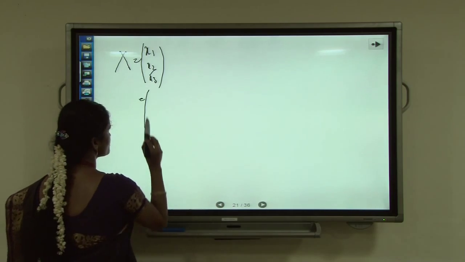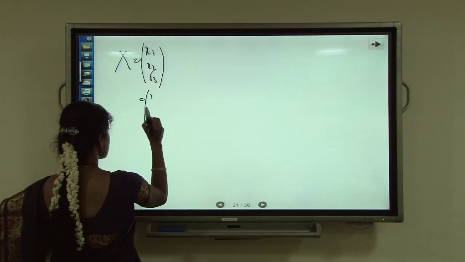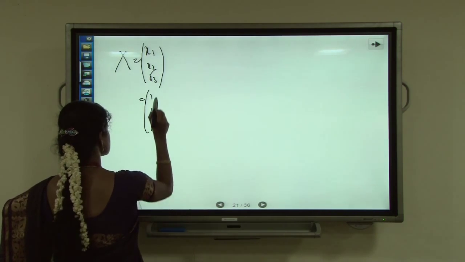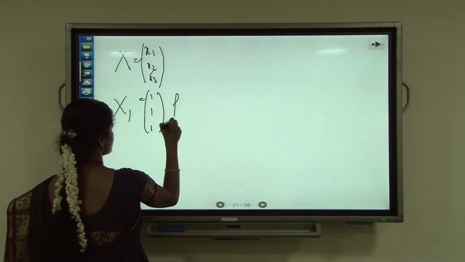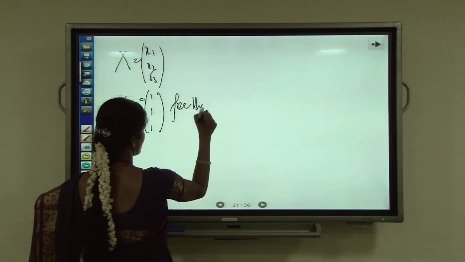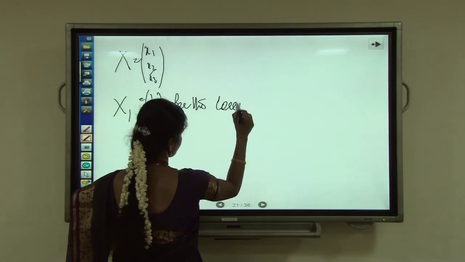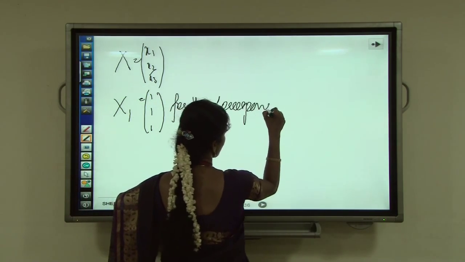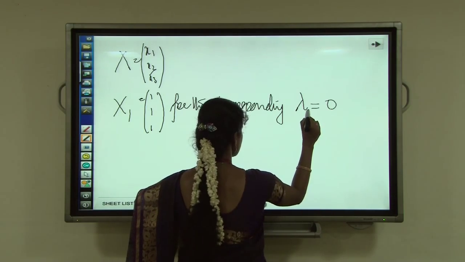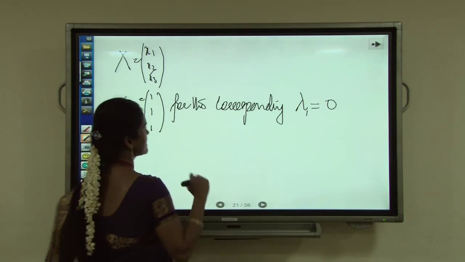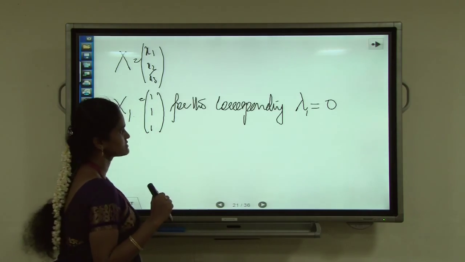It should be a non-zero vector. So we found the values: x1 is 1, x2 is 1 and x3 is 1. Now this is your vector X1 corresponding to lambda equal to 0. If you name this as 1, then we can name the corresponding vector as X1.